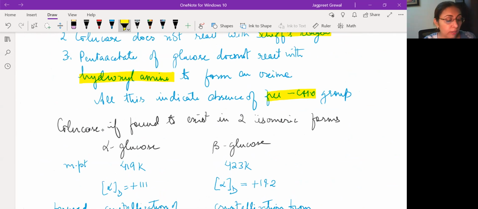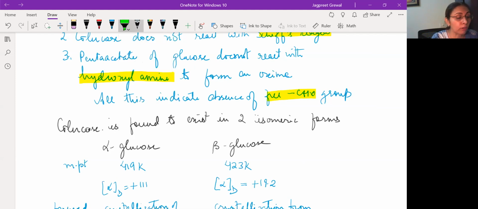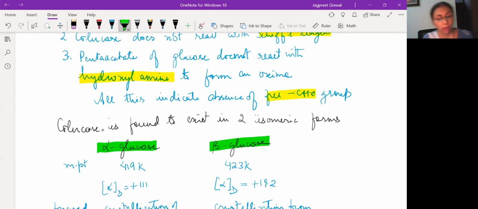So glucose is also found to exist in two isomeric forms, alpha glucose and beta glucose.